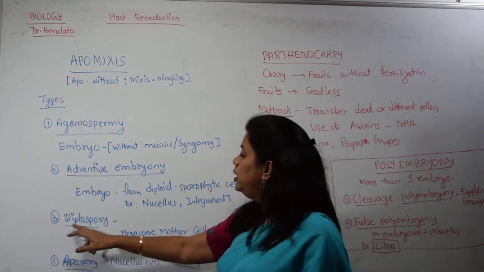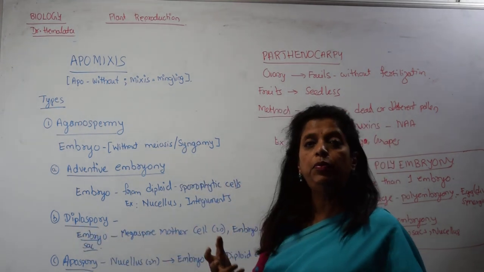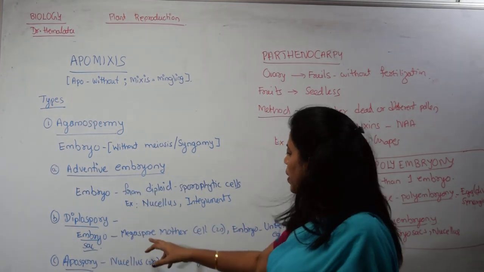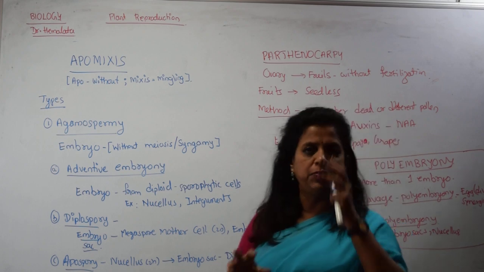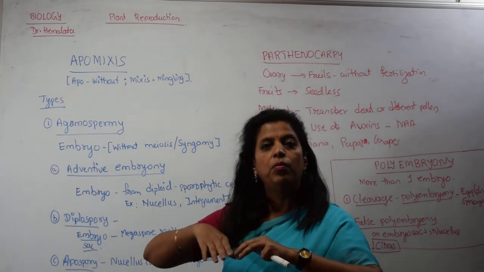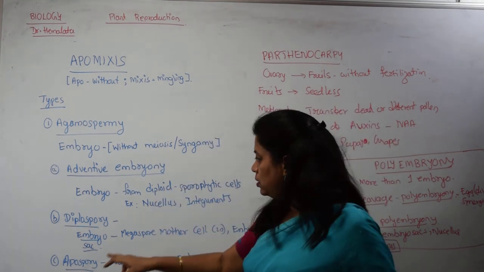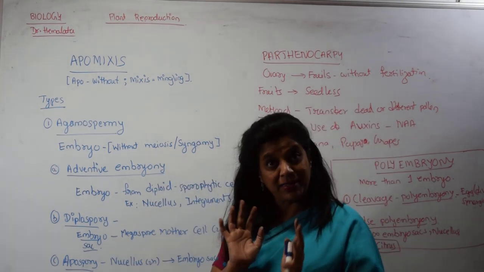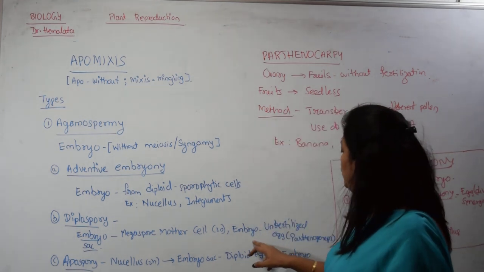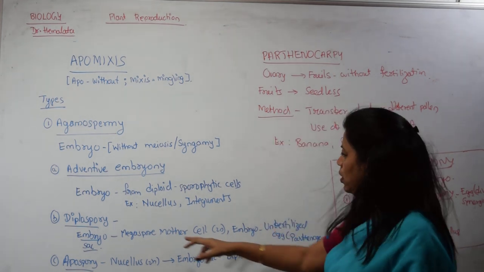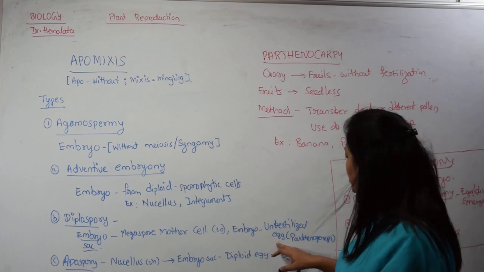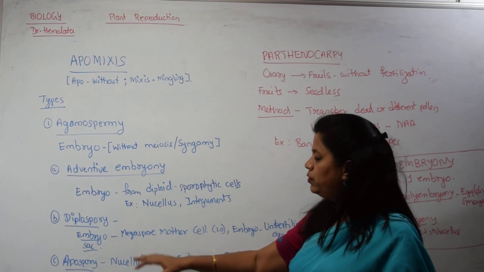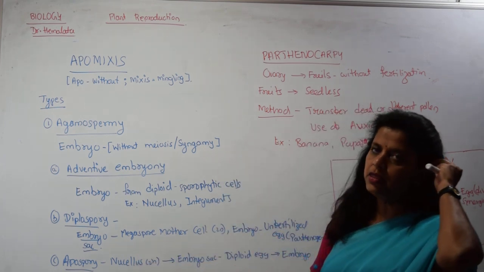Third one is diplospory. Diploid condition. So the embryo sac is first developed from the megaspore mother cell. Already I told you, it will not undergo linear tetrad formation; nothing is happening. The complete megaspore mother cell will form the complete embryo sac. It is diploid, right? Then within that, the unfertilized egg will grow without fertilization. This embryo sac is diploid, but the egg is haploid, right?